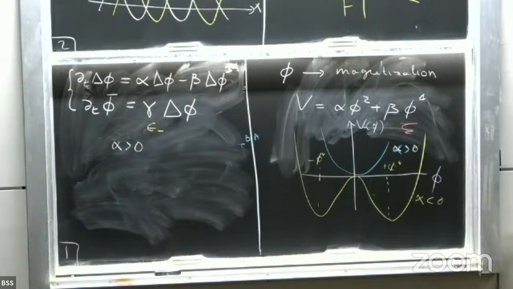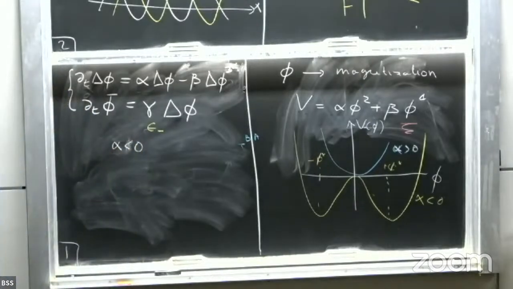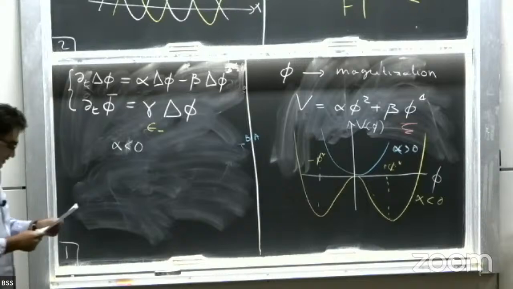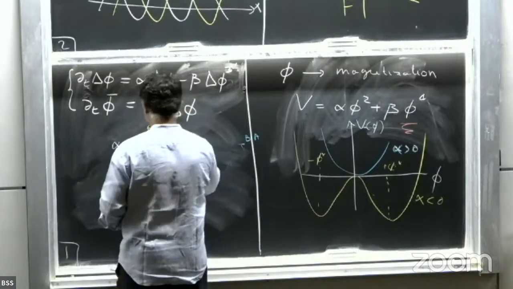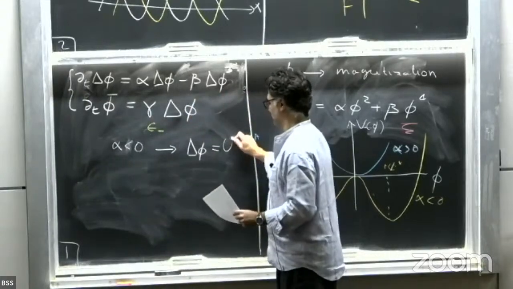It's not a trick question. Maybe it's easier if I first ask if alpha is less than 0. Okay, let me just write it down. In one case, I think that you guys know the answer, it's just that you're confused about which potential.